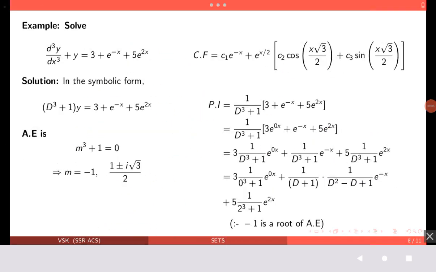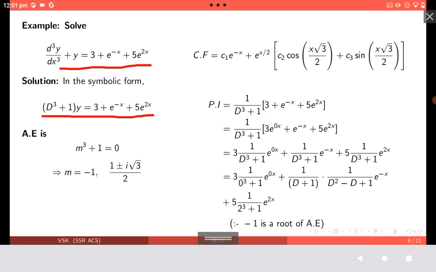Now we'll see one more question. Here d3y by dx cube plus y is equal to 3 plus e to the power minus x plus 5 e to the power 2x. We'll see this question in symbolic form. This can be written like this, and the auxiliary equation becomes m cube plus 1 is equal to 0, and these are the roots, the values of m.